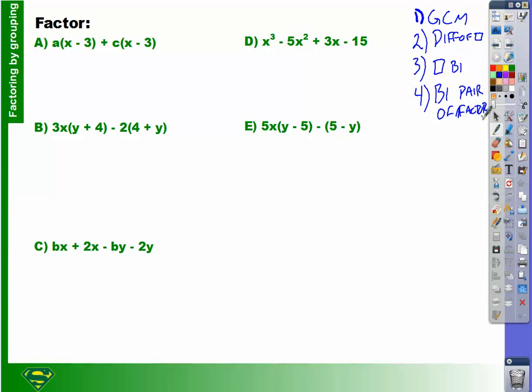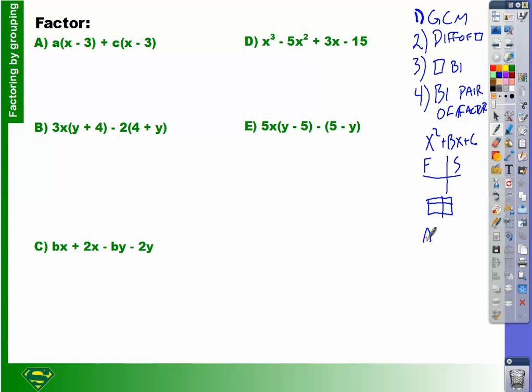Now, the binomial pair of factors, just to remind you, if you have something that is written in the form x squared plus bx plus c, that's when you're going to do your factor sum table, or you could do the rectangles.